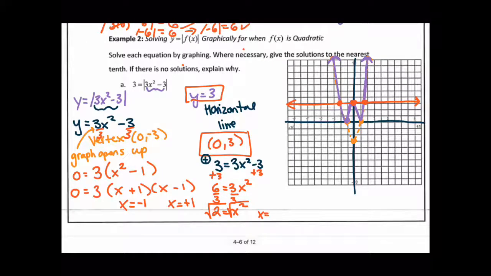So x will be 1.4. And really it's going to be positive and negative 1.4, right? So this is probably, x is negative 1.4 and 3. And this one is positive 1.4 and 3 as my solutions. And then this one in the middle is our x is 0 and 3.